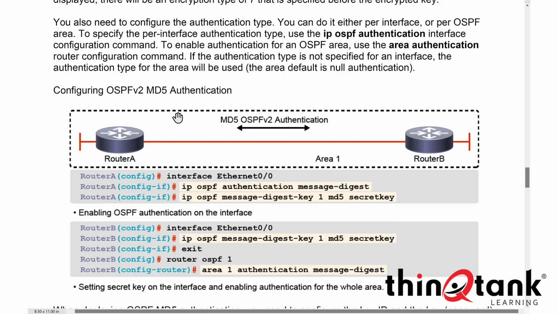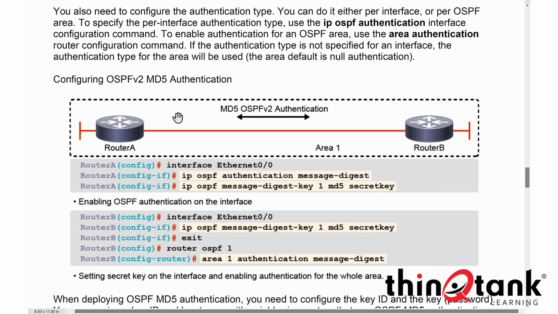If we want to switch to OSPFv2 MD5 authentication, all we simply have to do is specify a key ID, specify the hashing algorithm, in this case MD5, and then finally specify the secret key. The secret key is never published. It's not transmitted, so it's very important that the key ID and the key string match on both sides.